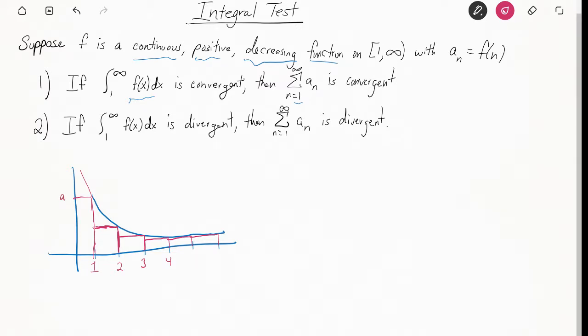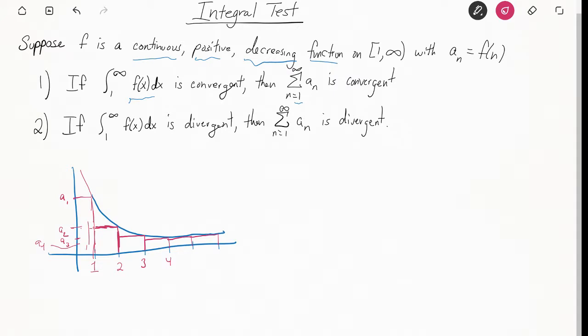Well, this value would be a1. This value right here would be a2. This value right here would be a3. This value corresponding to right there would be a4, and so on and so forth.